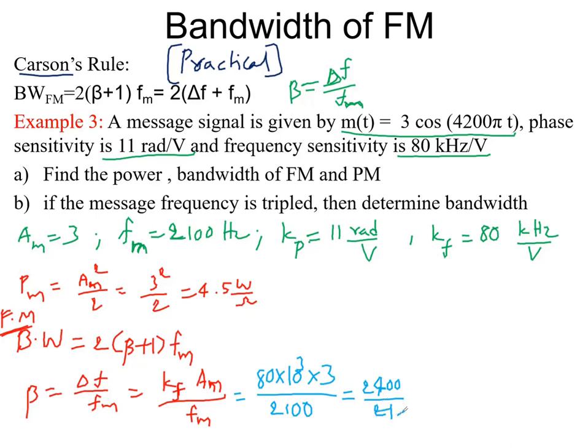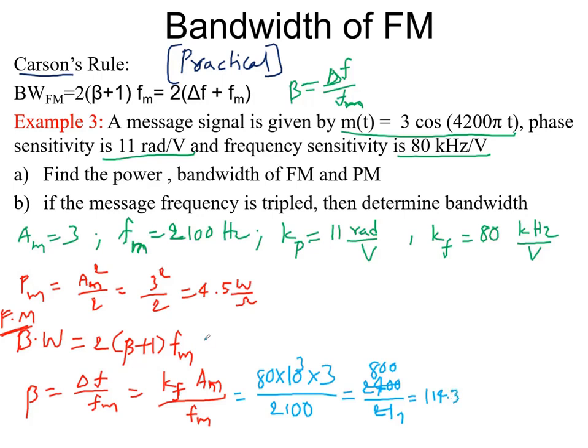Then 3 7 times it may go, then 800 by 7 is your beta, which you can approximate as 114.3. Okay, that is your beta.